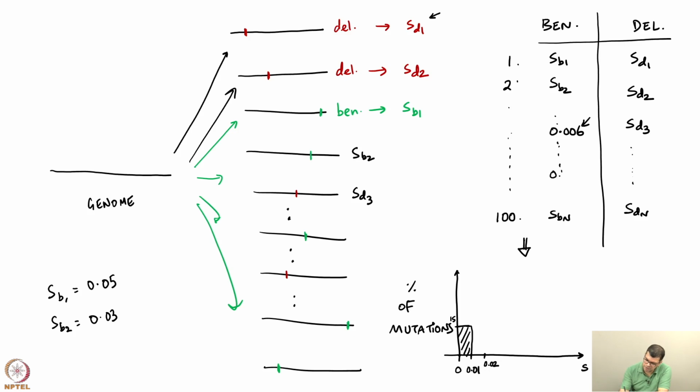So, maybe there is a beneficial mutation whose selection coefficient is 0.015. So, that gets counted, and maybe there are 30 such mutations which confer benefit between 0.01 and 0.02. So, that is 30. That is 30 plus 15, 45 done. Let us say in the next window, how many are between 0.02 and 0.03, and maybe the number is 25.